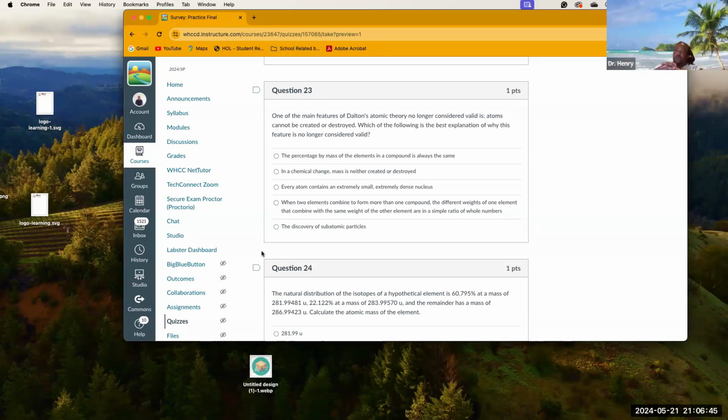D, when two elements combine to form more than one compound, the different weights of the element that combine with the same weight of the other element are in a simple ratio of whole numbers. And E, the discovery of subatomic particles. That is correct. It's E.